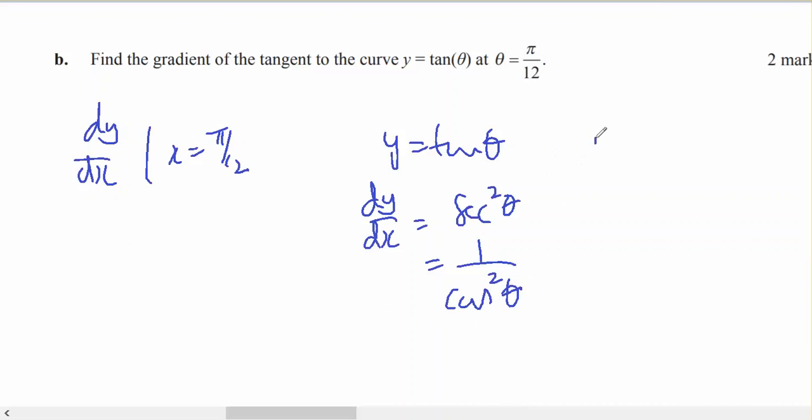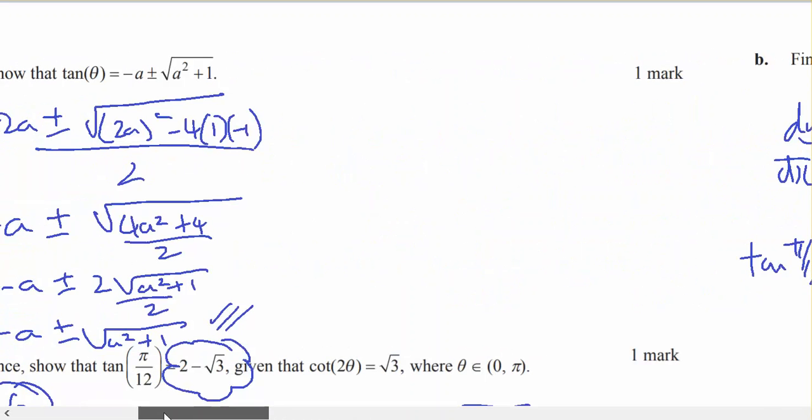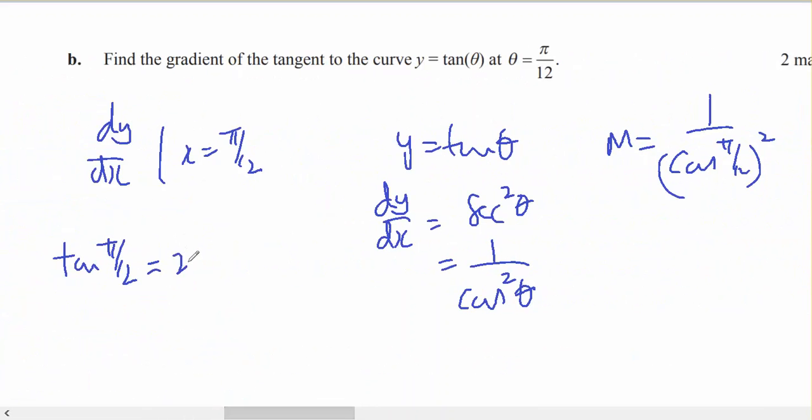So I want the gradient to equal 1 on the cos of pi on 12 squared. So I know that the tan of pi on 12 equals 2 minus root 3.